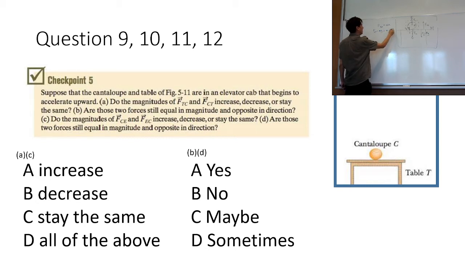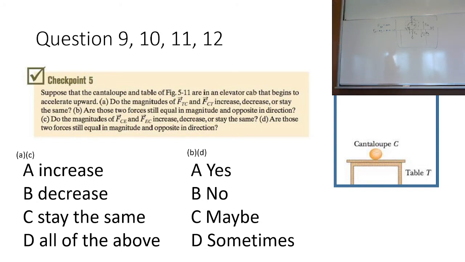We know that this thing is positive, so that means this thing here must also be positive, meaning that FCT is bigger than mg. Are those two forces still equal in magnitude and opposite in direction? You already answered that. Yes, they're equal in magnitude, opposite in direction, because they always are.